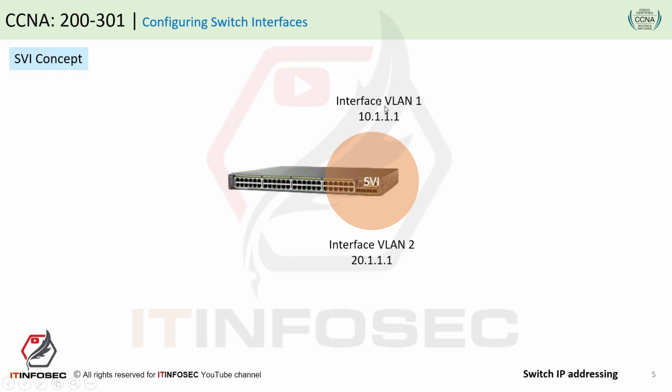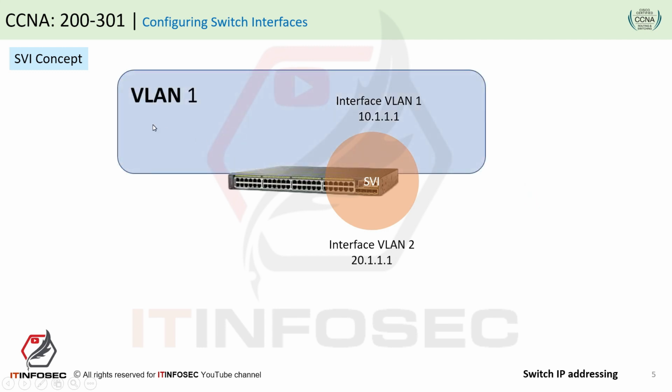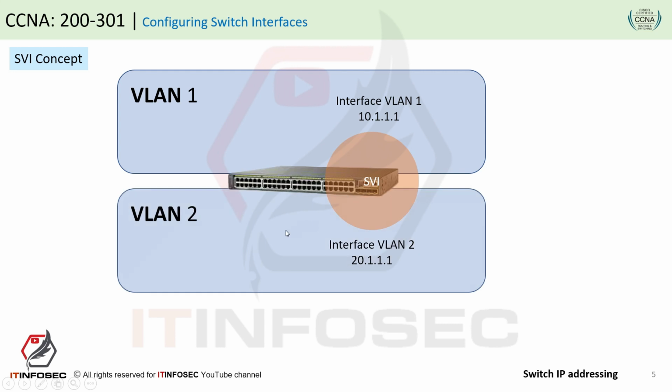When we have the interface VLAN for each VLAN, we can assign an IP address to that interface VLAN, such as in this image that you see. For example, we have VLAN 1 and VLAN 2.